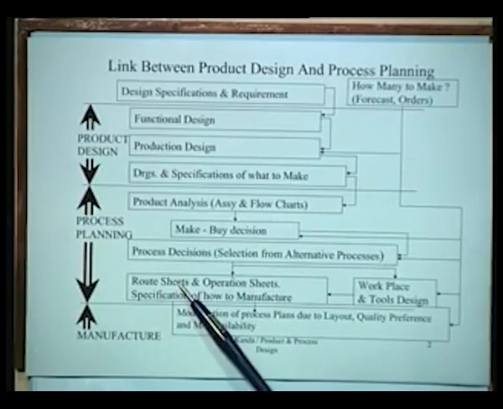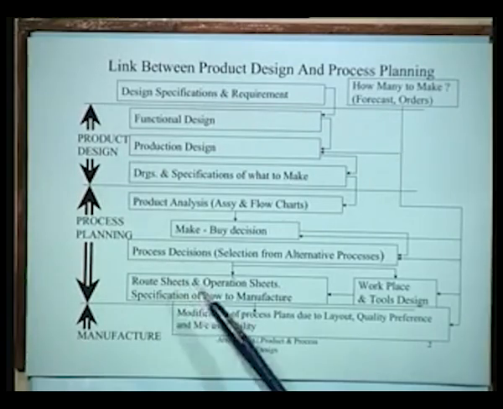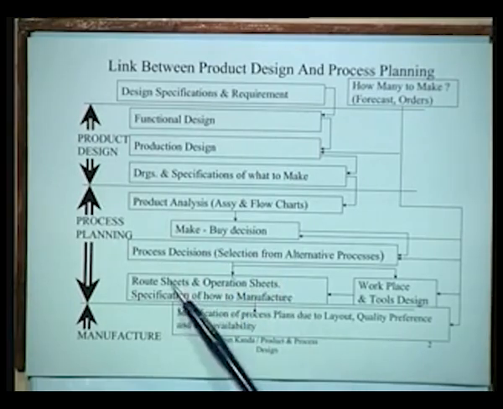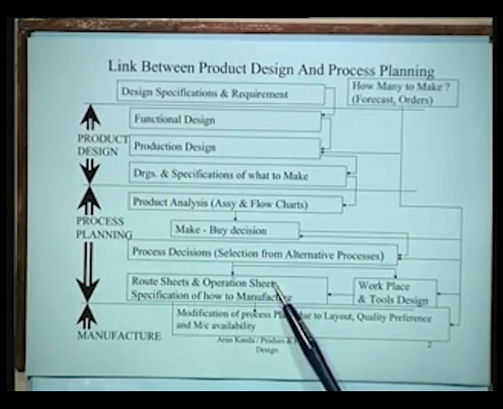It's very much like an itinerary. When you go on a long trip, I'm going from city 1 to city 2 to city 3, and then what you are exactly doing in city 1, city 2, city 3 is actually the operation sheet. So this is how these processes are typically documented, and they give the specifications of how to manufacture.